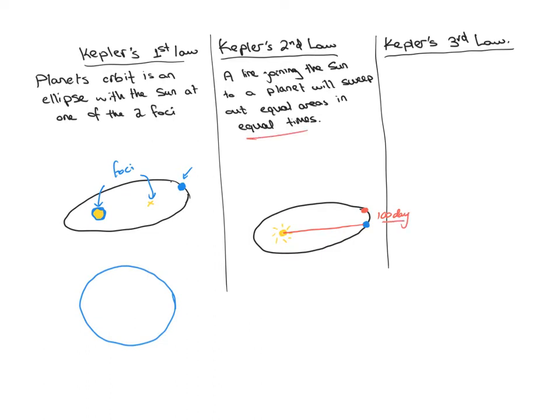If it takes 100 days to move to that point, and I draw the line again between them, then the area swept between these points should be equal to that swept in another interval.